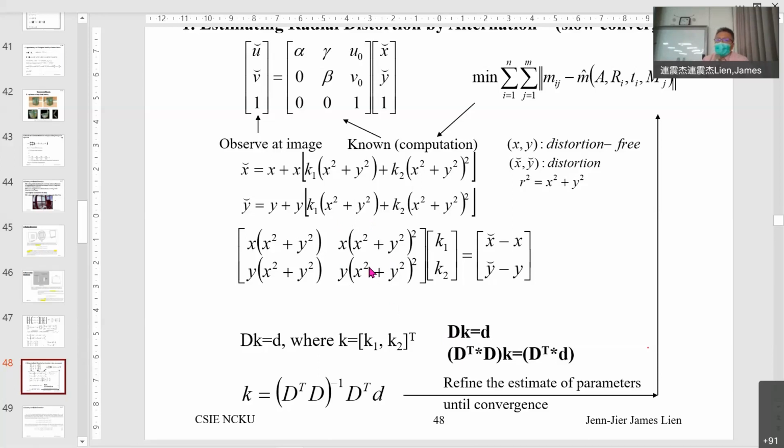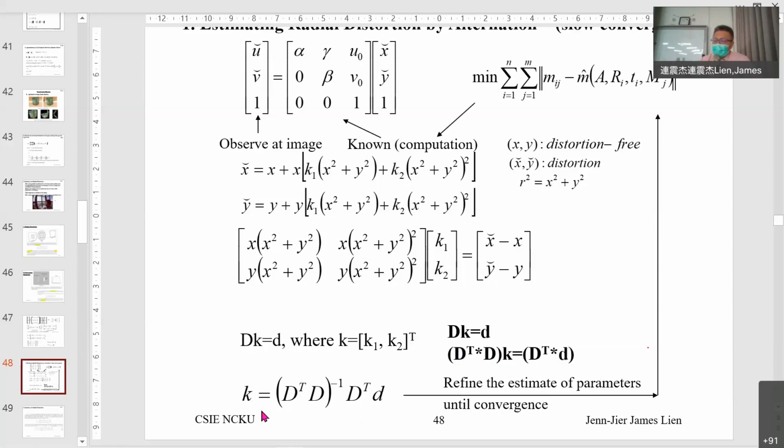Not any matrix can be inverted. So we assume this cannot be inverted. What I mean is, whether it can be inverted or not, we can all use this method to solve it. We originally have D, and we multiply D transpose on each side. So we have one more term here and one more term there, and then this has an inverse. So we invert it, and it becomes this.